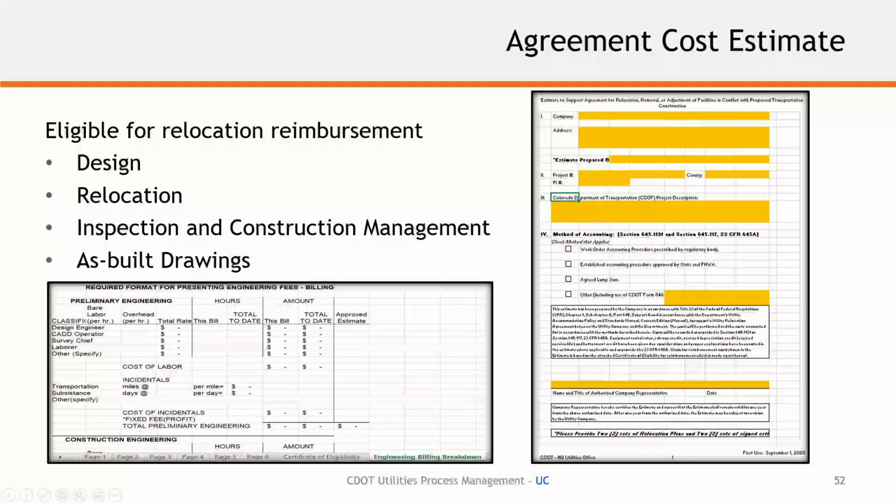And so, the minimum amount of information that we need to provide to satisfy the CFRs. So it's a very good tool to make sure we're covering our bases when it comes to estimating a project that's eligible for relocation. And again, the eligible relocation and reimbursement items are design, relocation, inspection, and construction management, and also as-built drawings.